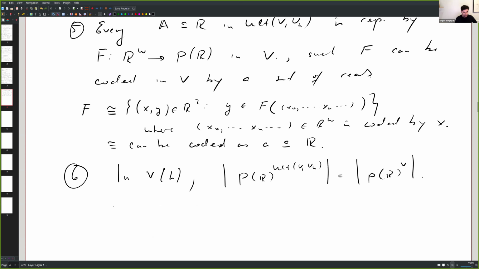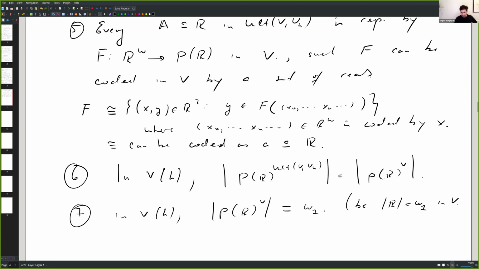Okay, but how many are these? In VH, the cardinality of the power set of R^V is omega 1, because the cardinality of R is omega 1 in V, which implies 2 to the omega 1 is omega 2, and theta is basically omega 2.